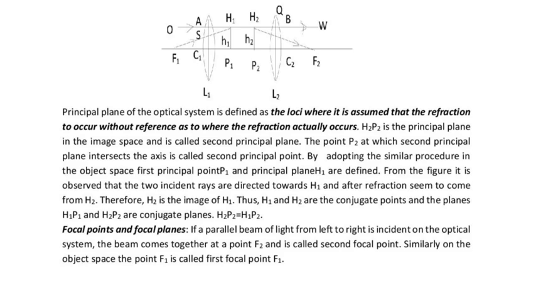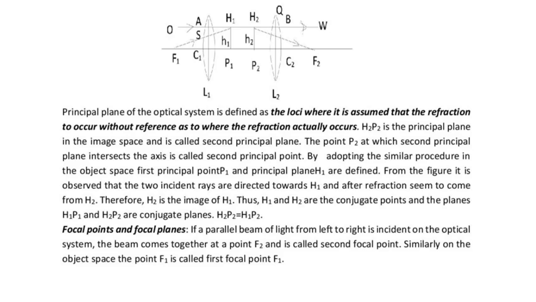H2P2 is the principal plane in the image space and is called second principal plane. The point P2 at which the second principal plane intersects the axis is called second principal point. By adopting a similar procedure in the object space, first principal point P1 and principal plane H1 are defined.